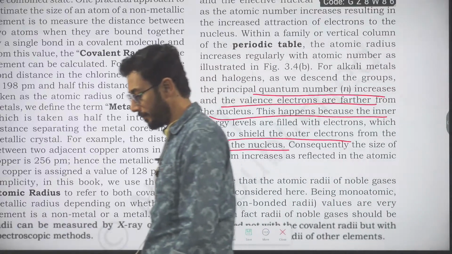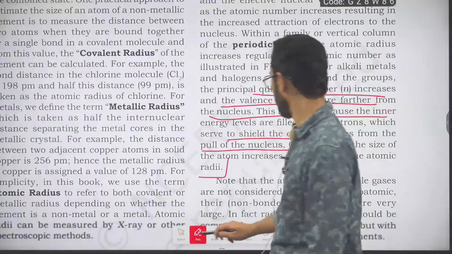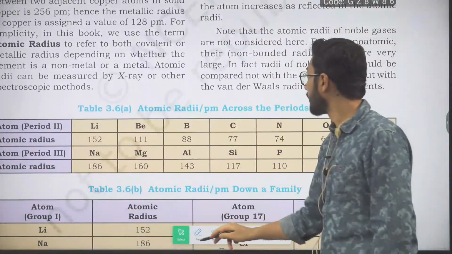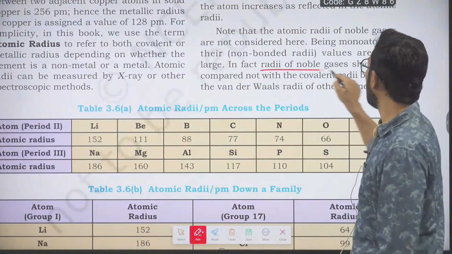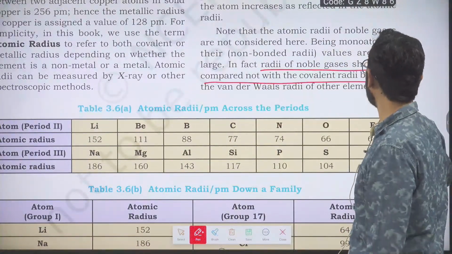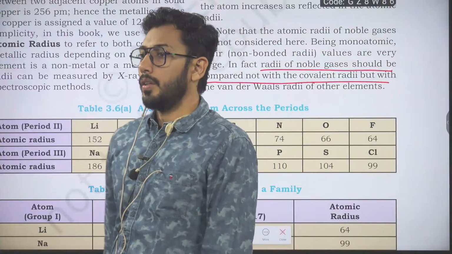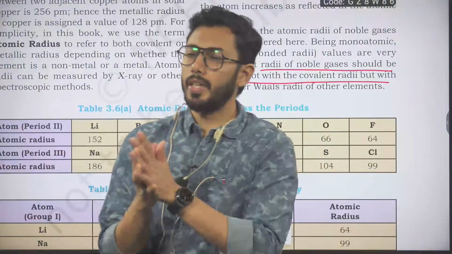Periodic trend clear? Any questions up to periodic trend? Then, radii of noble gases should not be compared with covalent radii. Yes, Srinivasu, it is necessary to learn whatever we are getting in the questions.